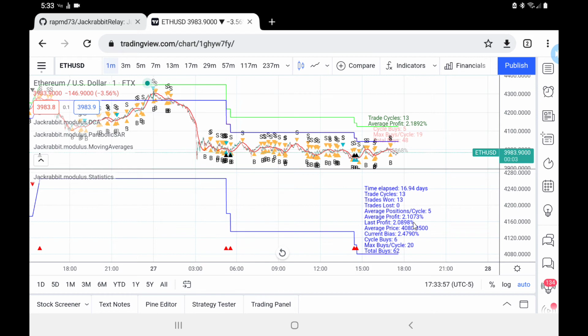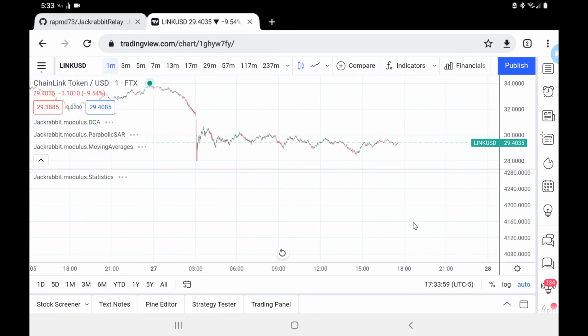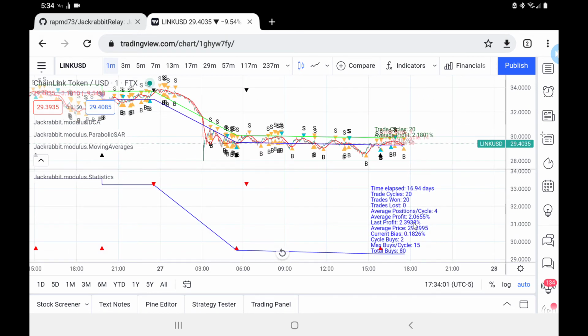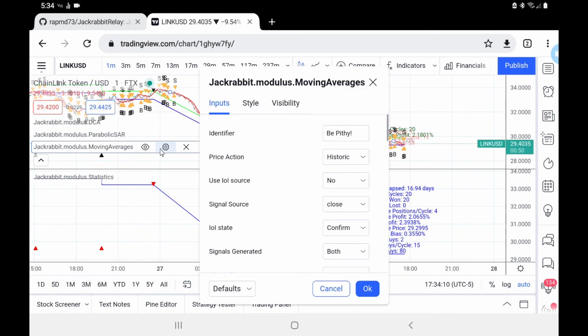So let's recap. Rule 37. Very simple. Very easy to use.